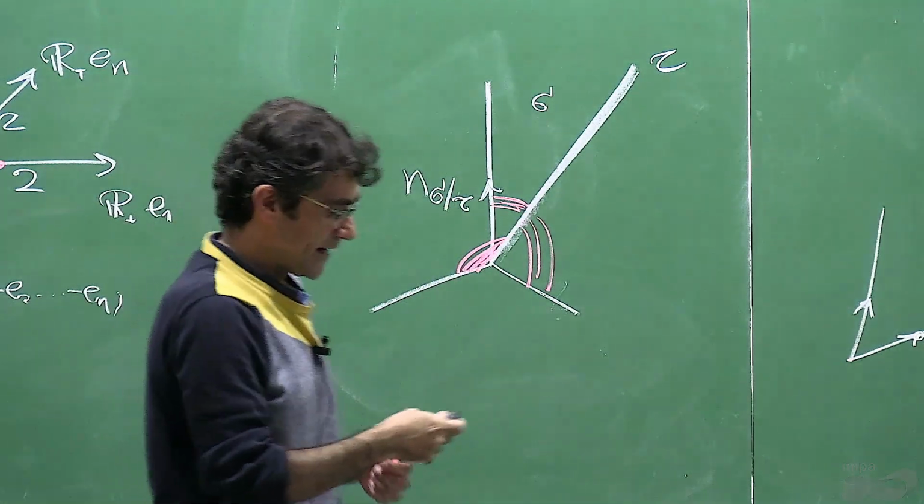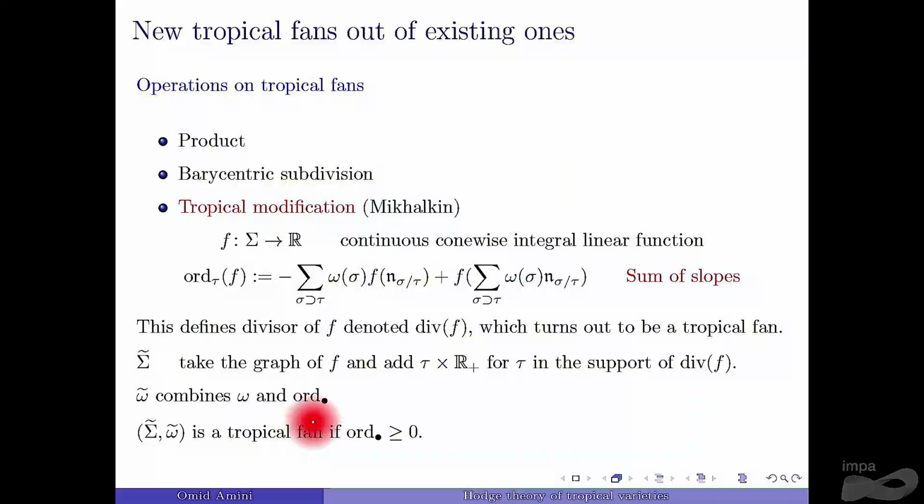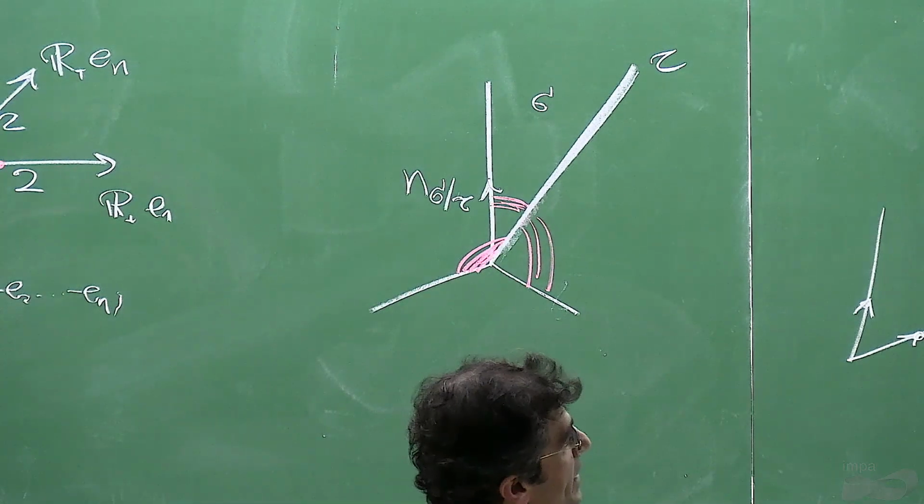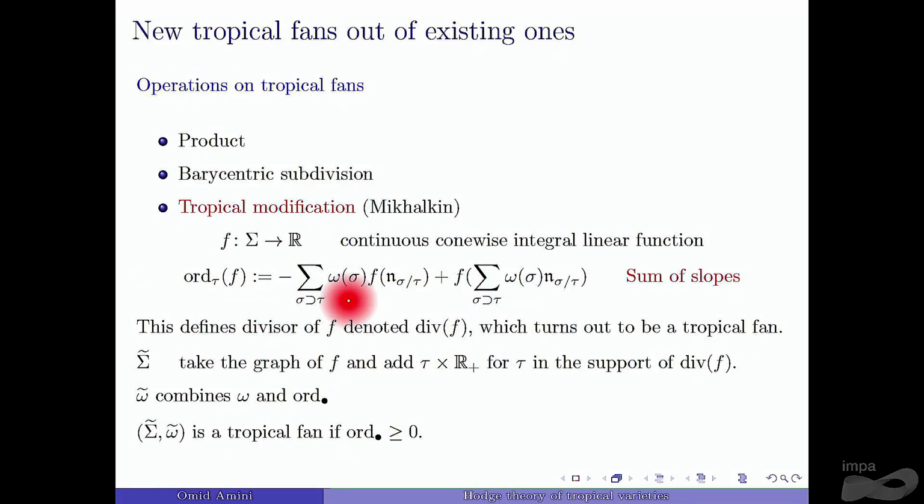So what I do is I evaluate my function f at the generator of this new ray, and I take the sum of these values, but a weighted sum, with weights given by the tropical orientation. Each sigma comes with a weight. I get minus the weighted sum of the values of f at these generators.